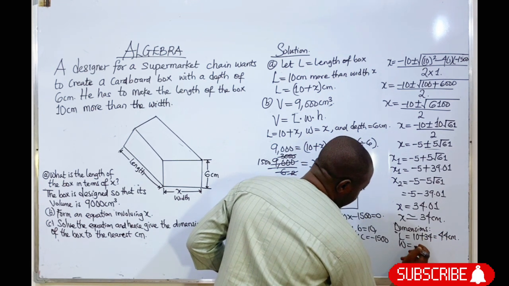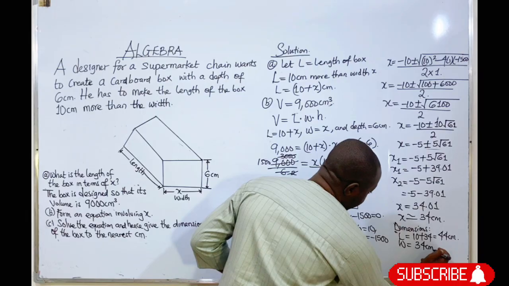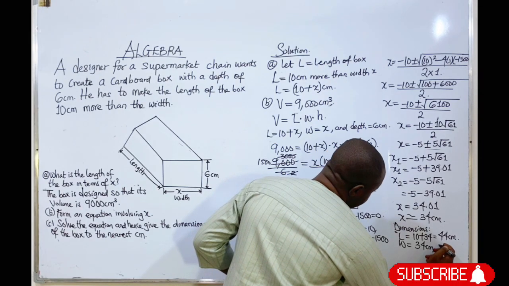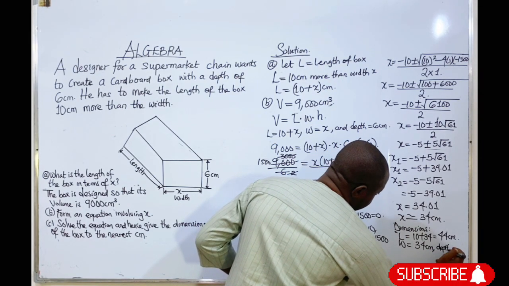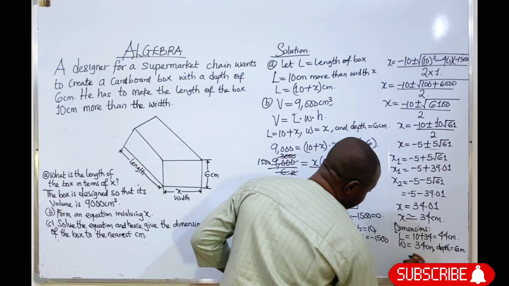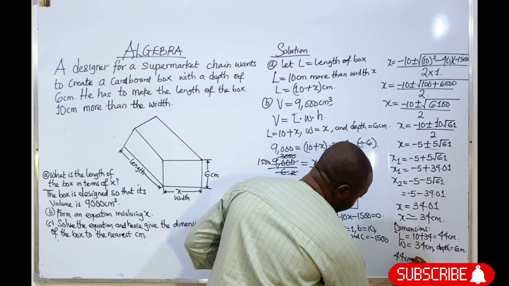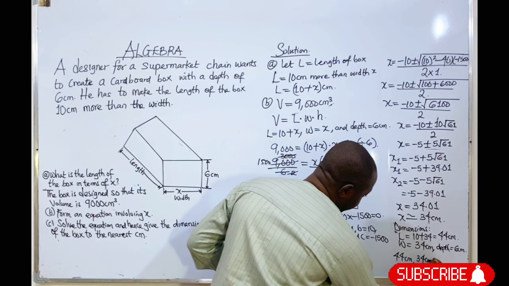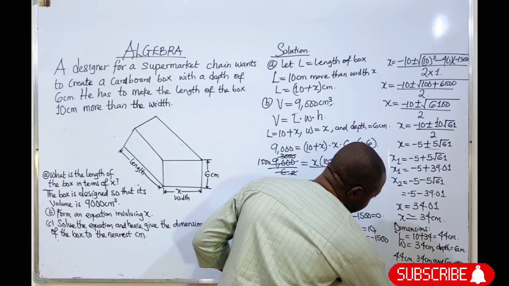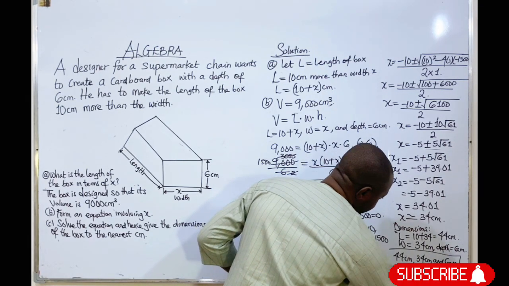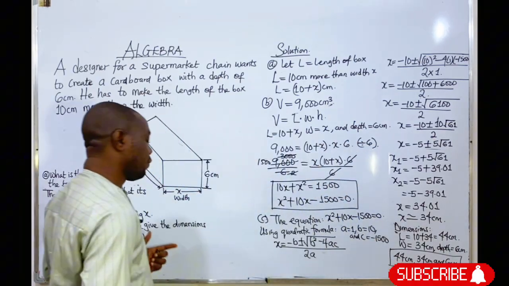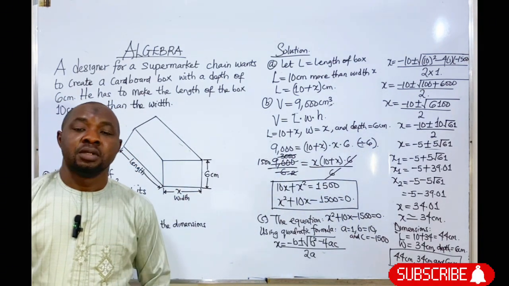Then the width is 34 centimeters. Then the depth remains 6 centimeters. So we have the dimensions to be 44 centimeters, 34 centimeters, and 6 centimeters. So these are the dimensions of the box.